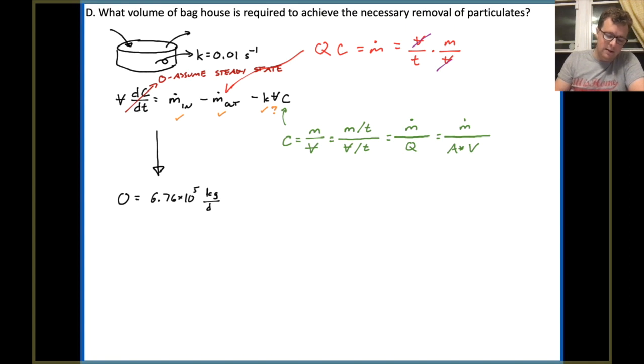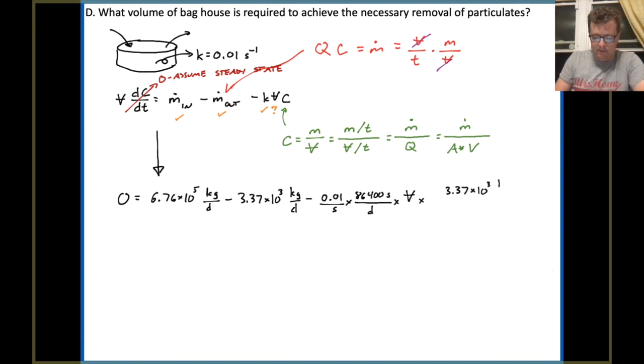Starting to plug in values, 0 on the left-hand side, mass rate in, that's the fly ash we generate, mass rate out, that is the fly ash we're permitted to have go through our baghouse to the stack. Then in that last term, as I write it all out here, we've got our K, 0.01 per second, and I'm converting that into units of per day to make sure that I'm homogeneous across those three terms.